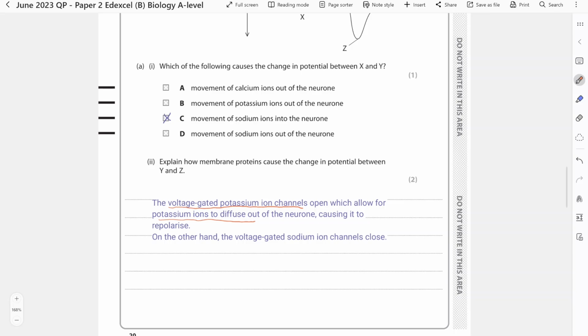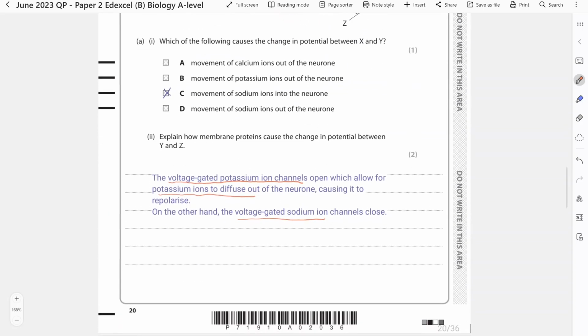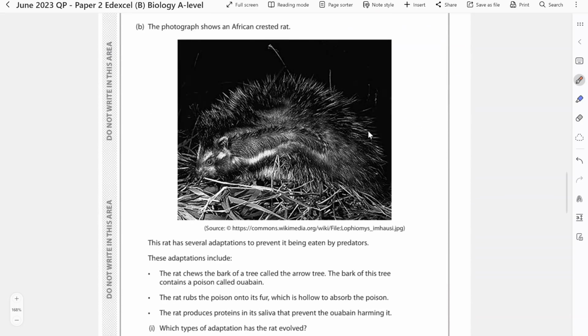Alright, and then the other mark is at the same time, the voltage-gated sodium ion channels, which open to allow this to happen, are now closed. And that would be the 3 marks.